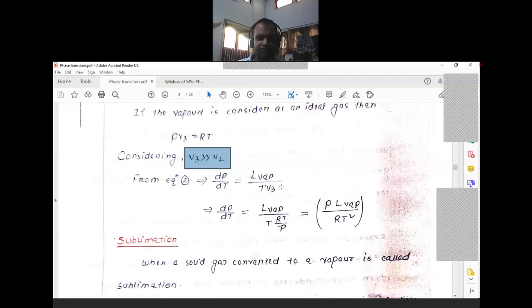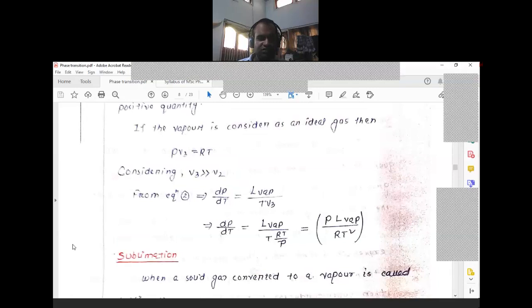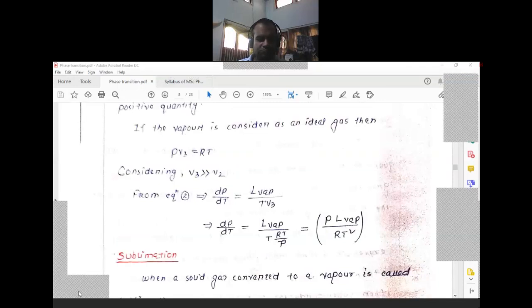In that case, from equation 2, dp over dt will be equal to L_vap divided by T multiplied by (V3 minus V2). But now we are also considering that V3 is much greater than V2, so we can simply omit the V2 term.